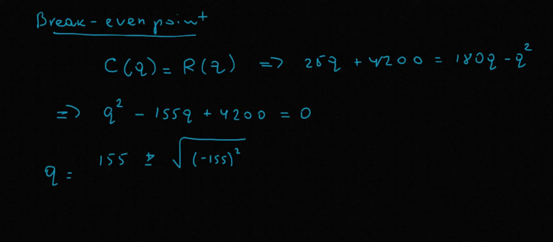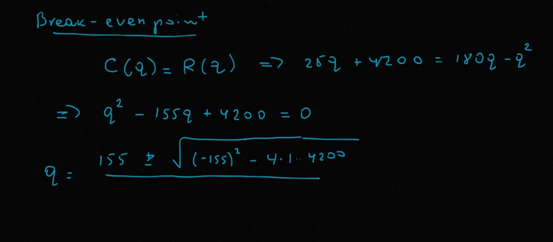Of course, it wouldn't really matter whether you square negative 155 or positive 155. And then minus 4AC. A is 1, so 4 times 1 times C, 4,200. And then all of that is divided by 2A, but since A is 1, it's just 2.